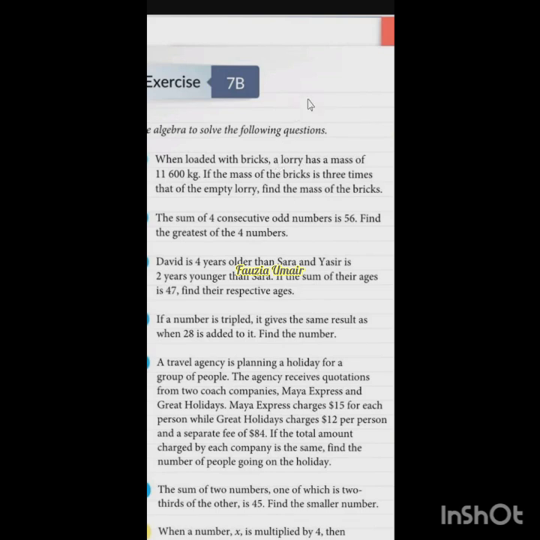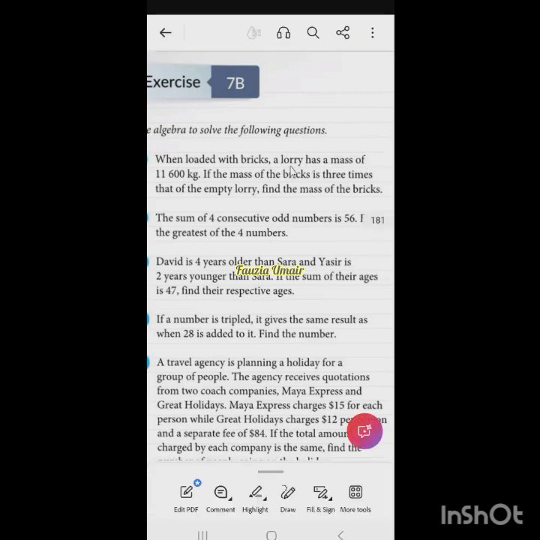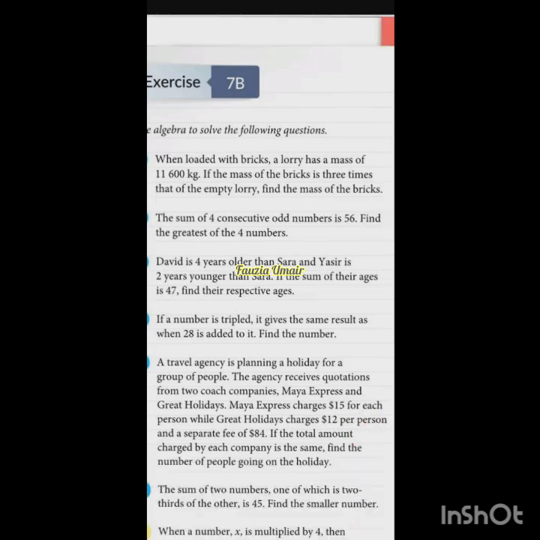Not the big truck, actually, the smaller one, which you might have seen around you, containing the bricks. So when loaded with bricks, the lorry's mass is 11,600 kg. If the mass of the bricks is 3 times that of the empty lorry, we need to find the mass of the bricks.